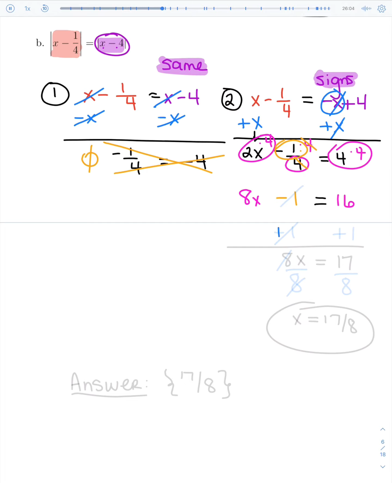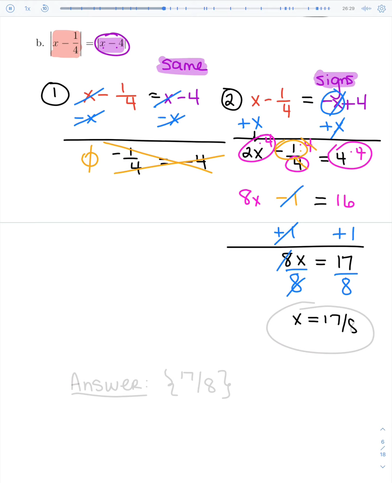Continuing along, you'd solve this by adding 1 to both sides of the equation. And that would get you 8x equals 17. Next step we would do is divide both sides by 8, which gave us that x equals 17/8.